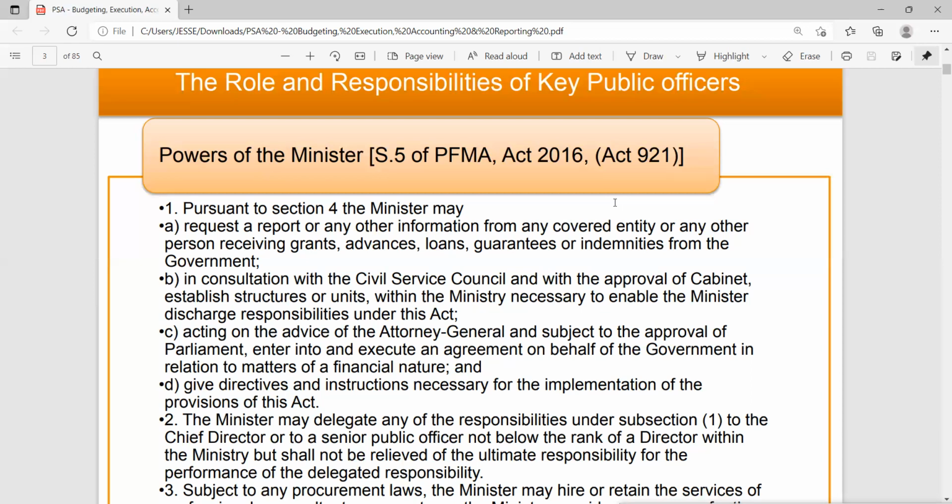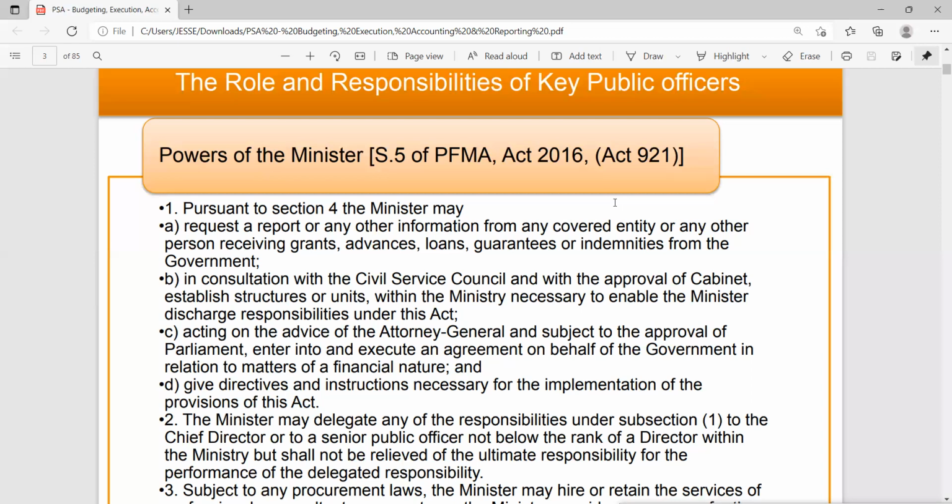So the minister is more of like an in-betweener, sort of a financial representative, if I must say, of some sort, who executes agreements on behalf of government, right? In all matters which are financial in nature, he or she will step in and execute agreements on behalf of government, very, very important.